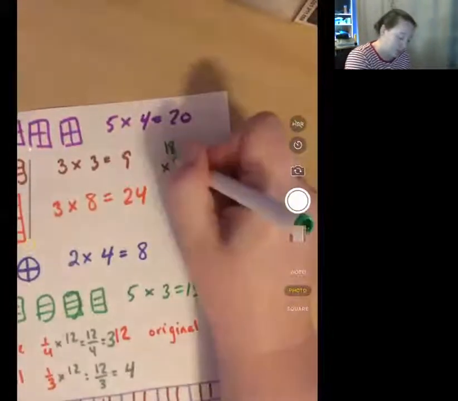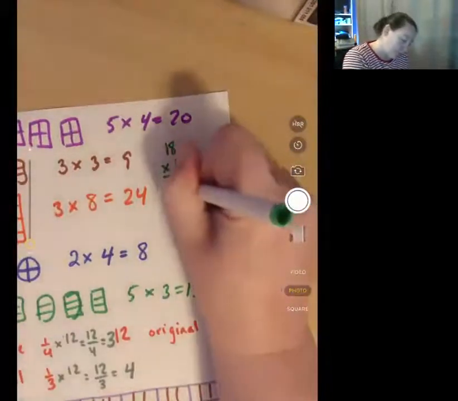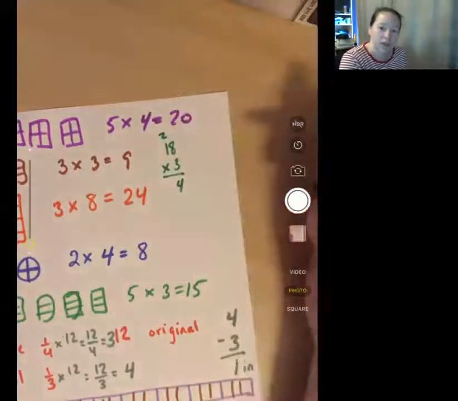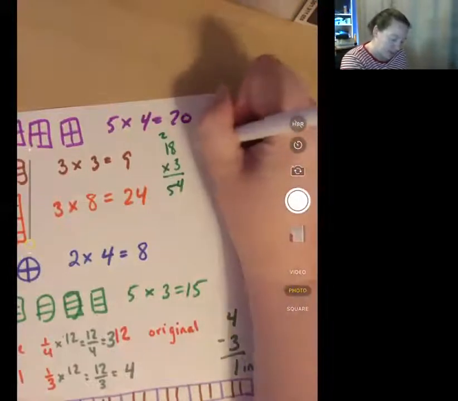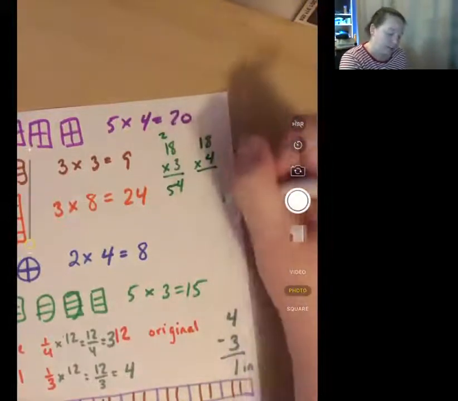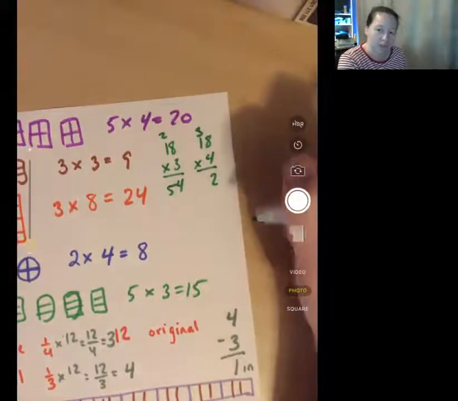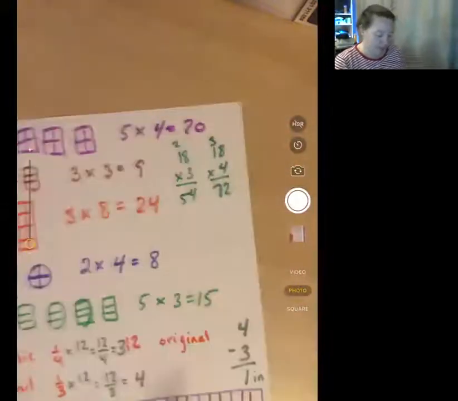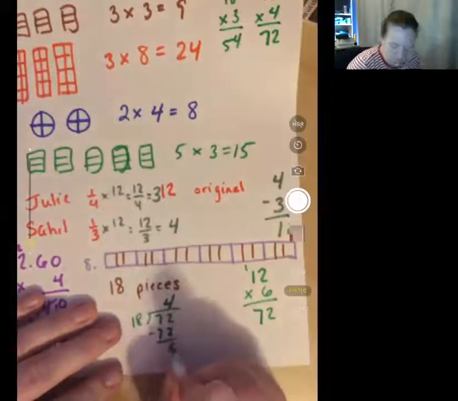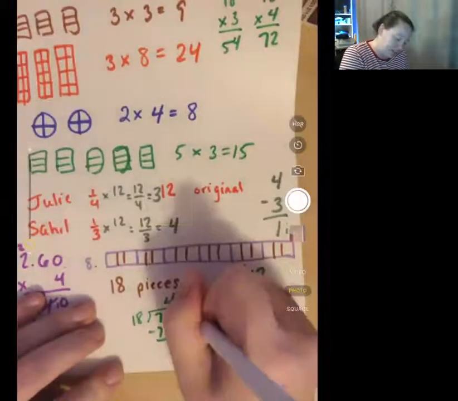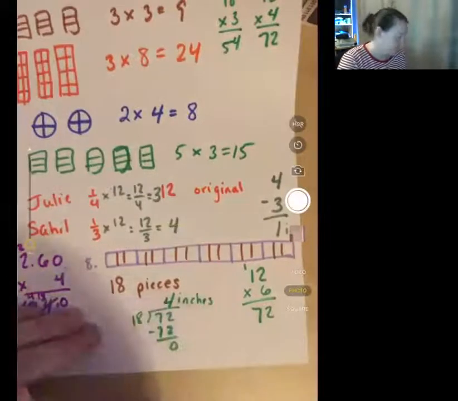So let's try times 3 and see what happens. 8 times 3 is 24. 3 times 1 is 3, plus 2 is 5, 54. Not quite enough. 18 times 4. 8 times 4 is 32. 4 times 1 is 4, plus 3, 7. There we go. 18 times 4 is 72. So each piece is 4 inches long.